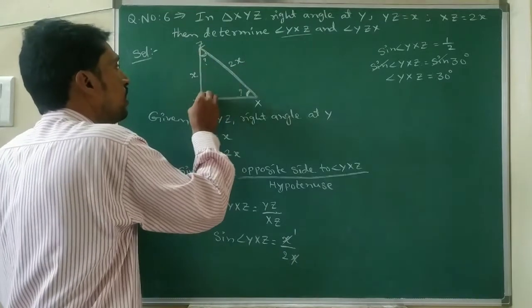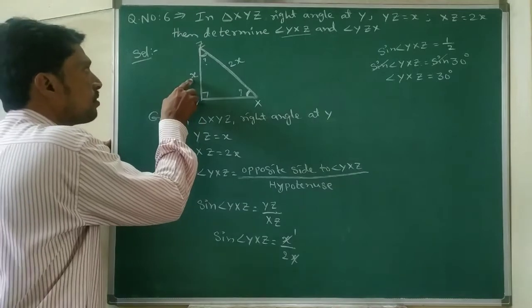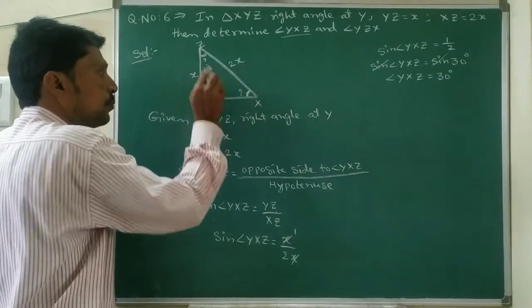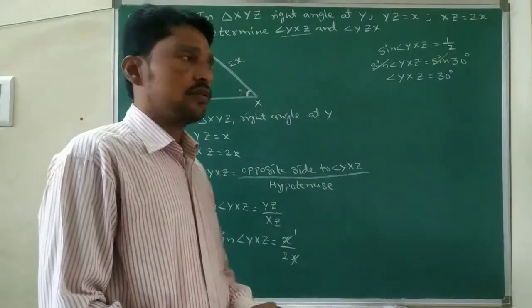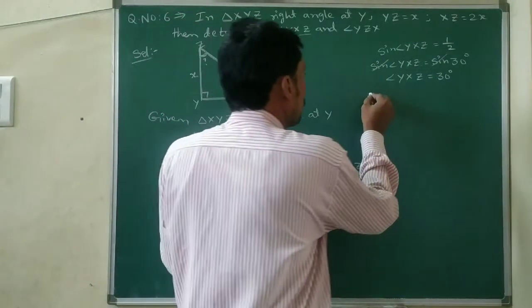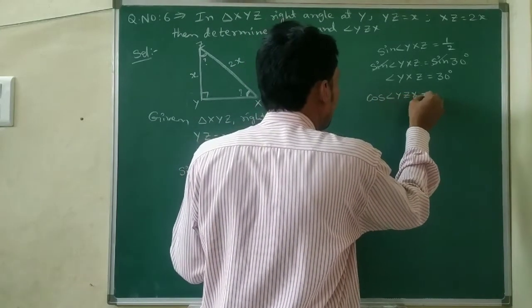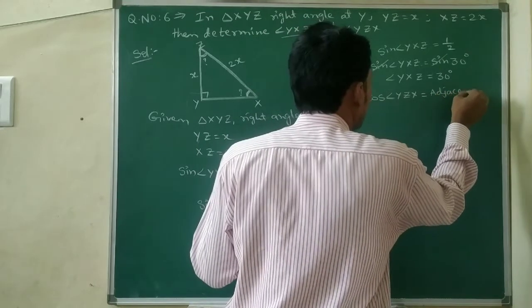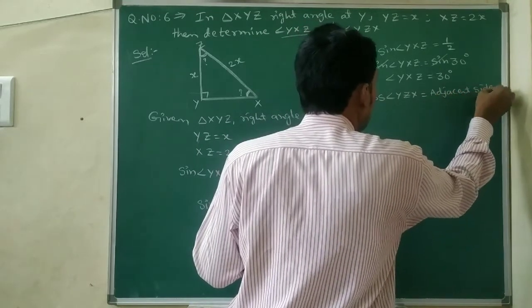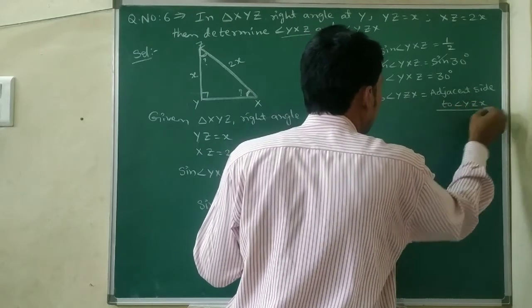Angle YZX. YZX means this is the adjacent and this is the hypotenuse. Adjacent and hypotenuse, so cos we need to take. Cos of angle YZX equals adjacent side to angle YZX by hypotenuse.